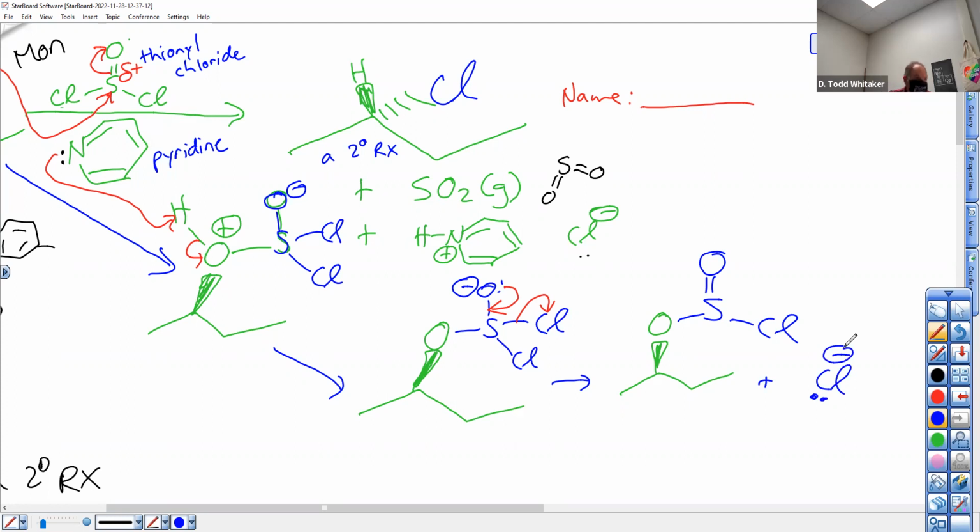Get me to the end. I need the Cl to be on a dash, where there used to be a bond to a leaving group, on a wedge. What's that called? Backside attack. Look at the gas that I redrew in black. Tell me what to do with the green wedge sigma bond.